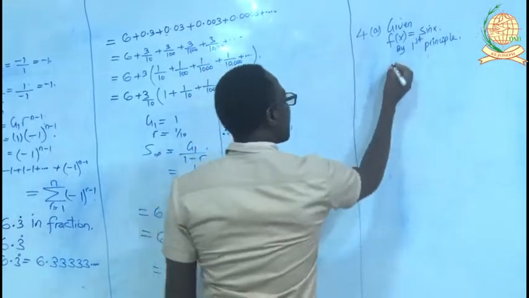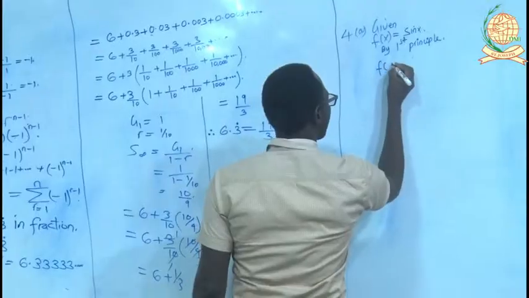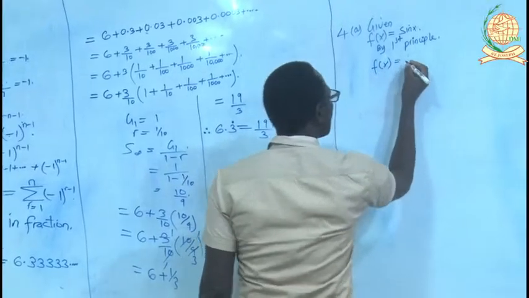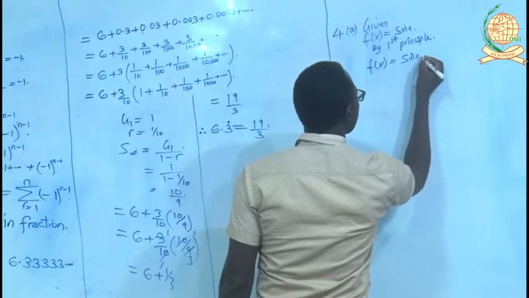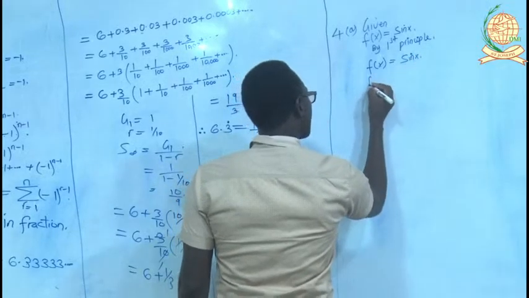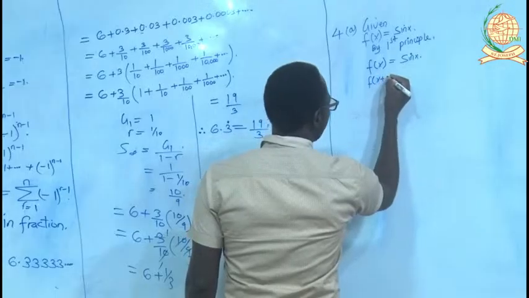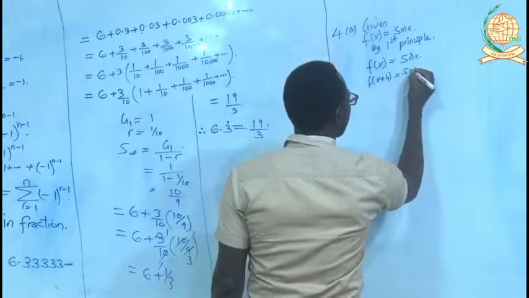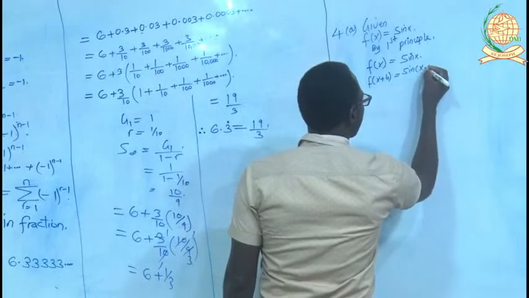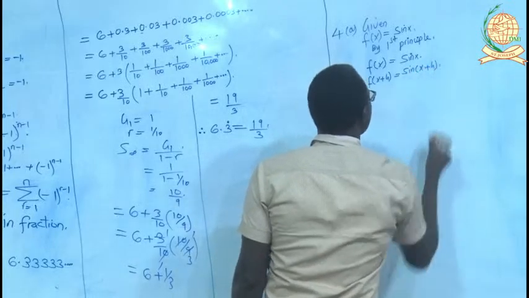Okay, we have the function f of x equals to sine x. Then f of x plus h will be equal to sine of x plus h.